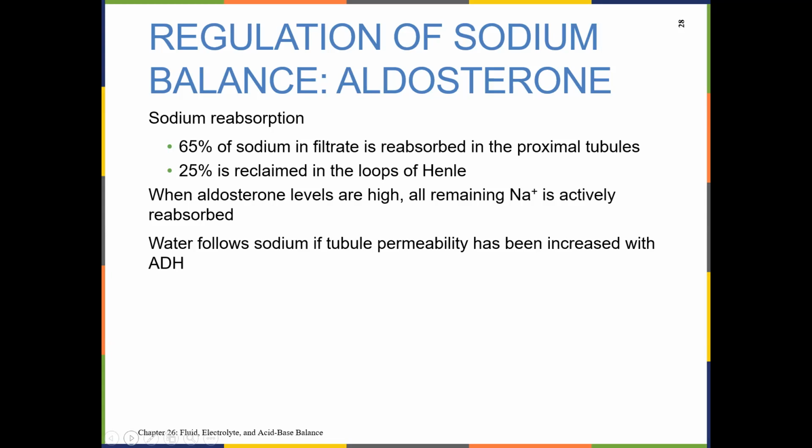We pull water out of the descending loop of Henle and sodium out of the ascending loop, and then we pull water out again on the collecting duct if we have antidiuretic hormone, and sodium goes with it.